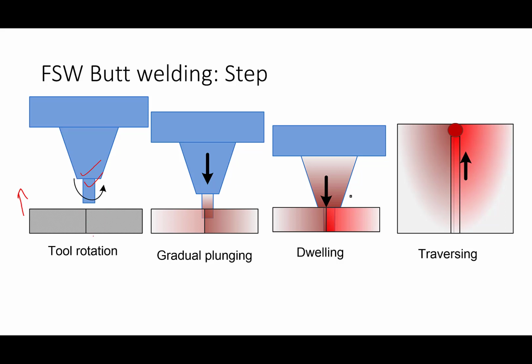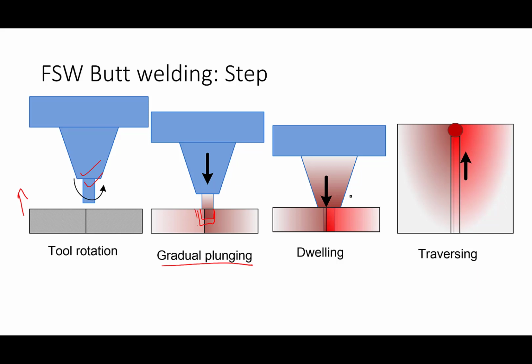So against the rotating tool, the workpiece is moved up, and then gradually the plunging is realized. This has to be very slow, otherwise your tool may break due to the limited toughness, because these tools are mostly hard.